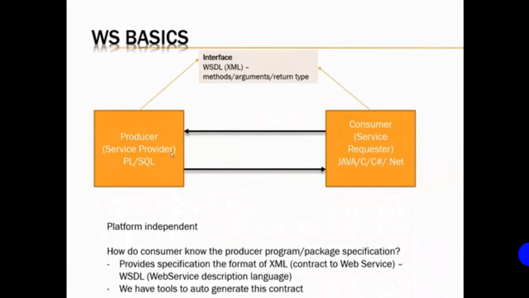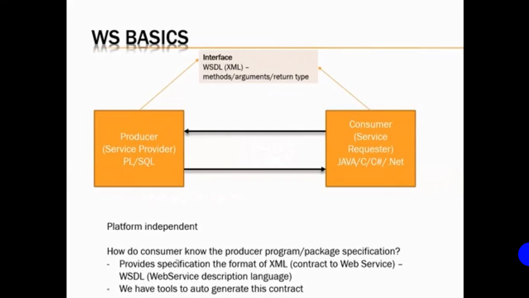Whenever a producer is ready to expose a method as a web service to the outside world, saying that, hey, I have this method, please come and consume it, then this producer has to create a WSDL file for that. That is called Web Service Description Language. That is called a contract of the web service.